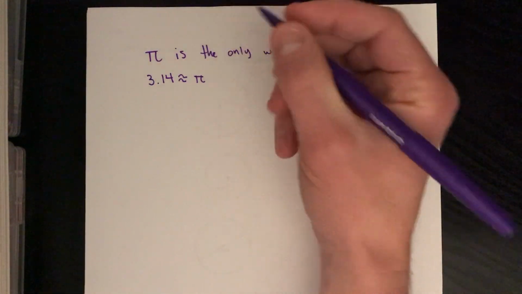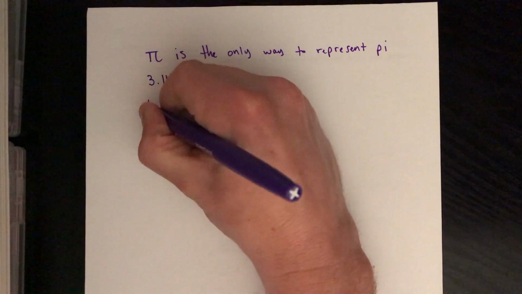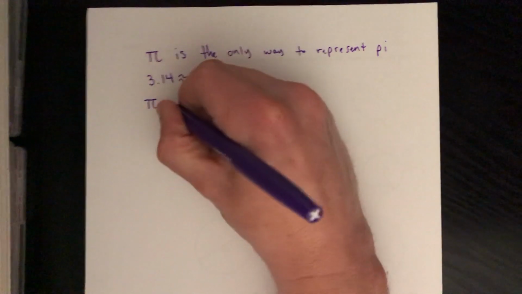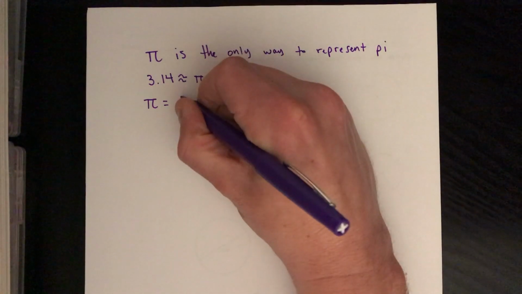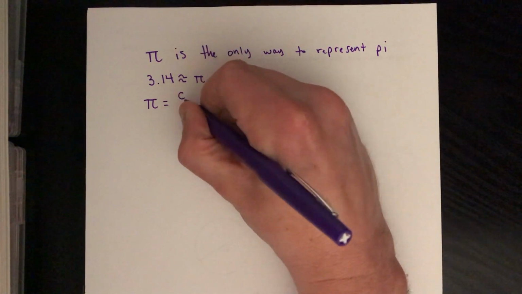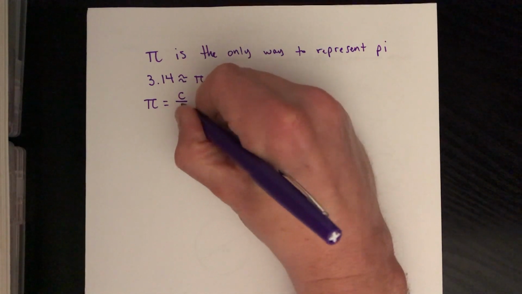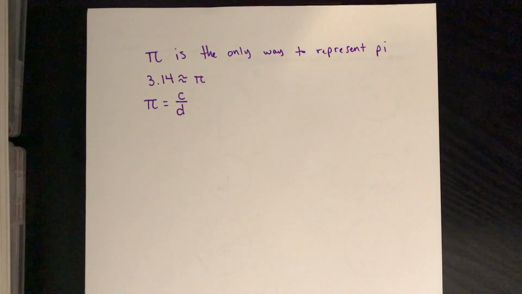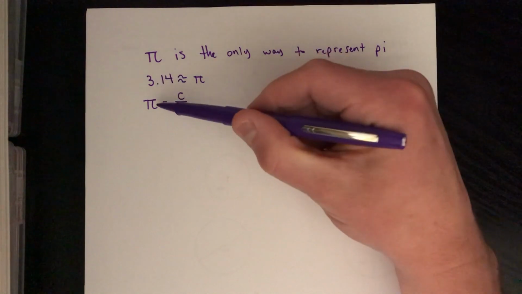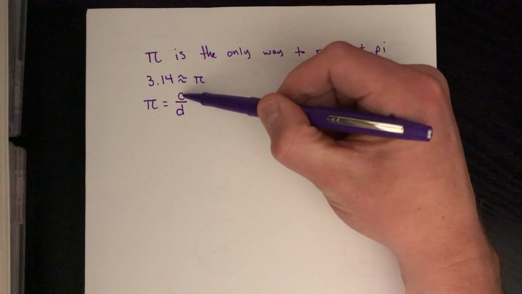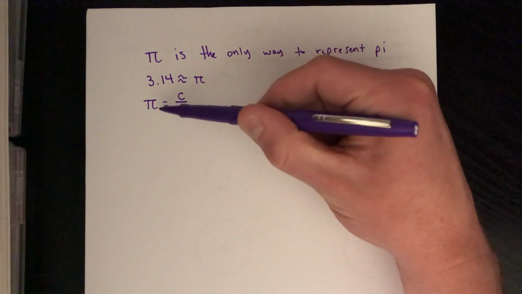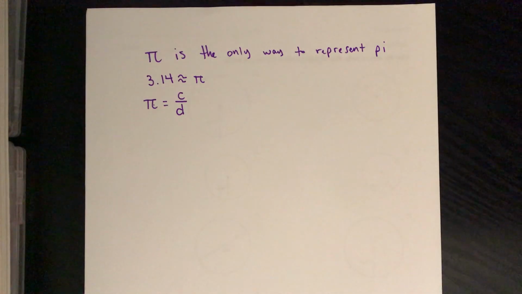The next thing I wanted you to know is that pi is always the ratio between the circumference and the diameter in any circle, meaning that's how we found this magical number: we started taking the circumferences of circles, dividing them by their diameters, and we always got this number 3 point whatever every time.